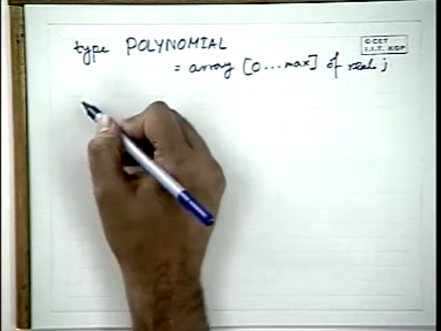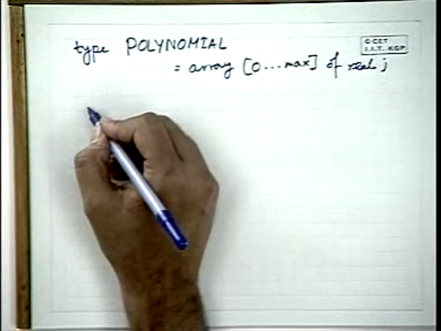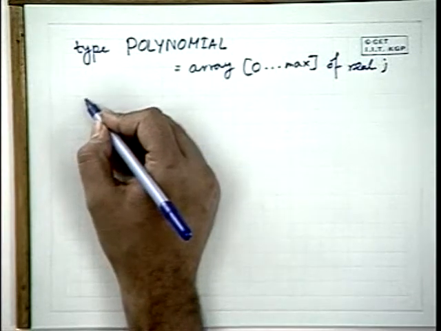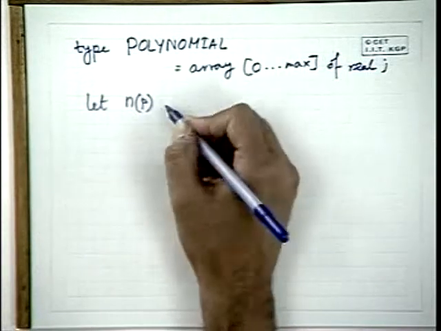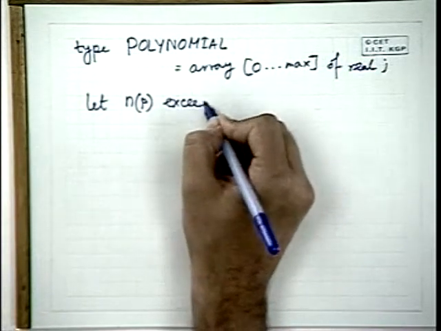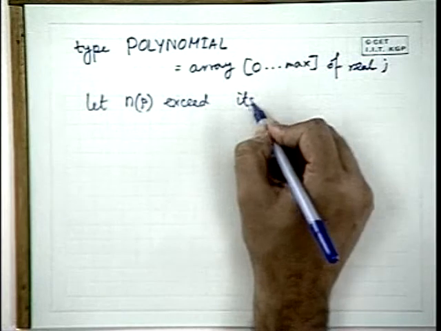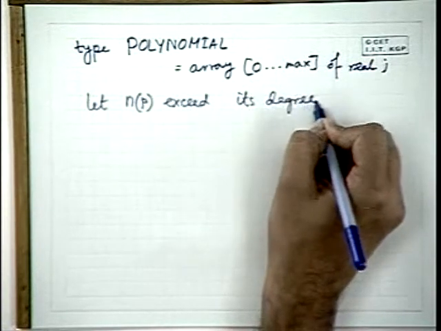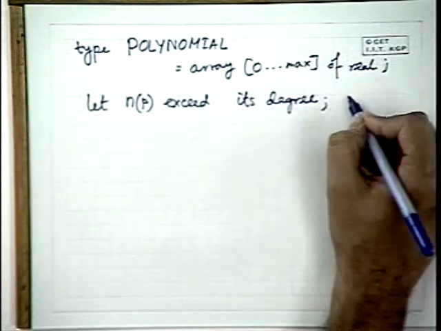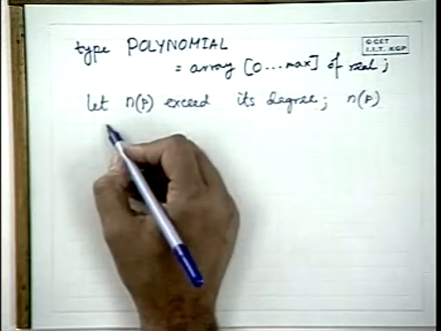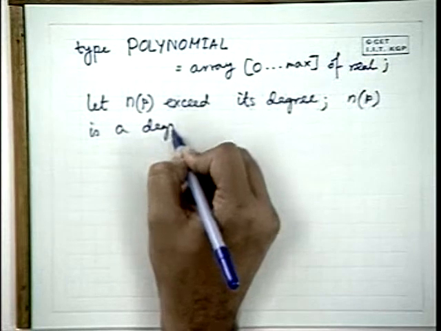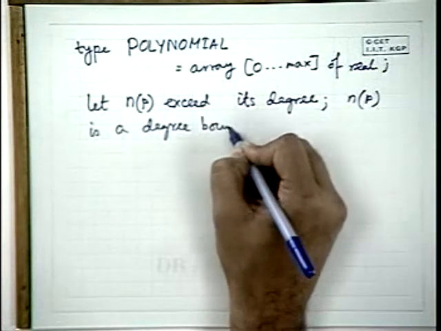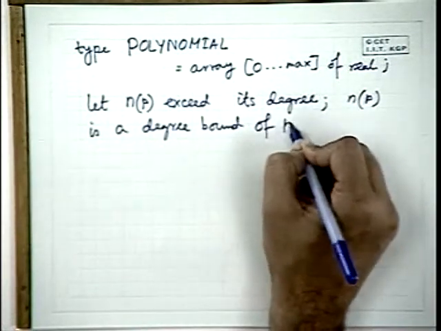Now there is another convention. For a polynomial p, we will let np exceed its degree, some value which is greater than or equal to its degree. Then np will be called a degree bound of p.